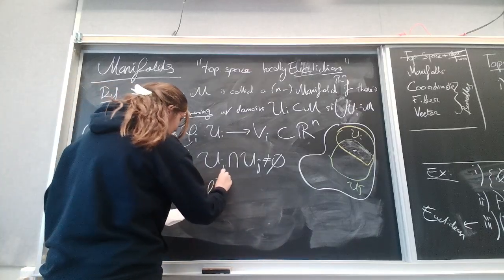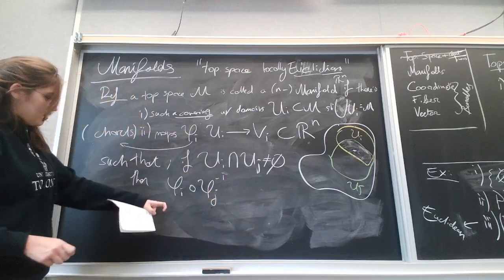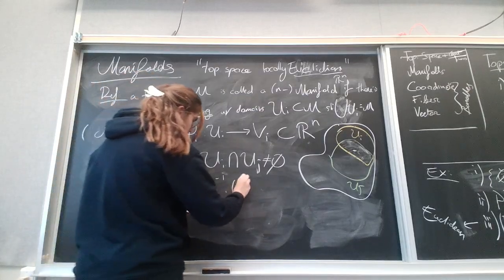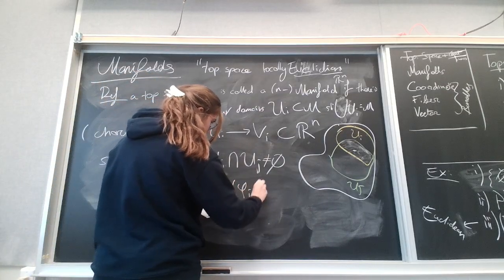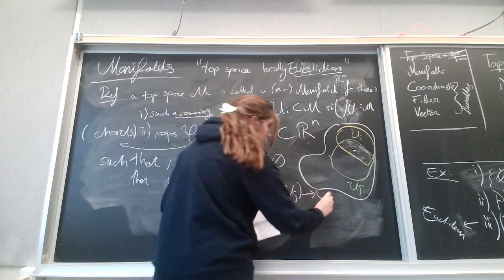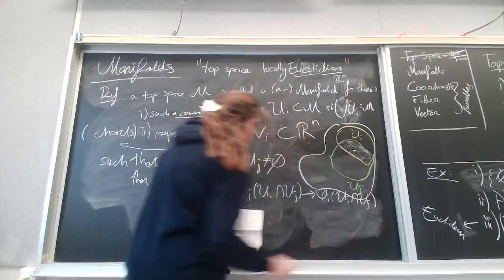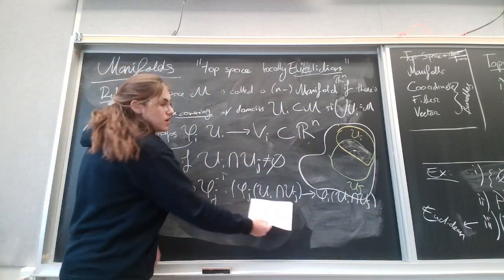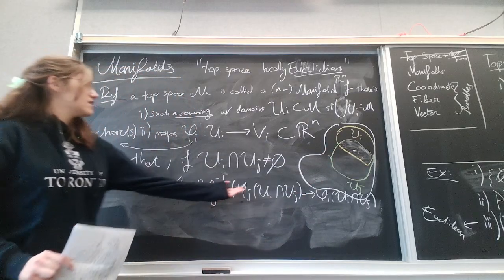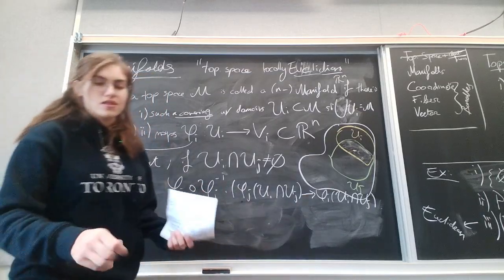Yes, the composition of the J chart, but the inverse of it, with the I chart. Now this is starting from where the J chart took this place, and then it's taking it back with this, so this is what it's doing.